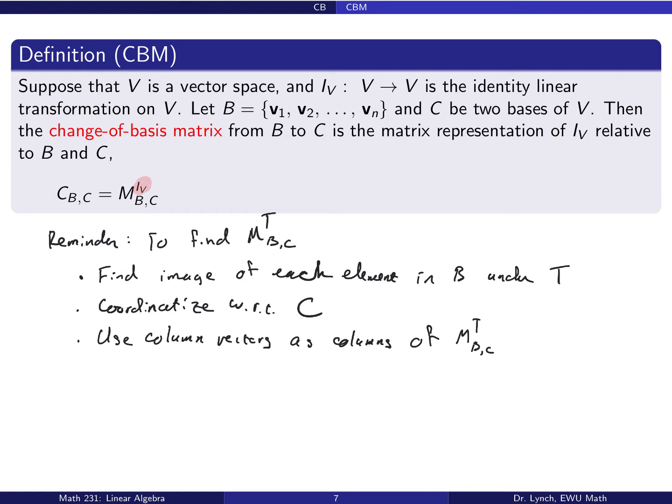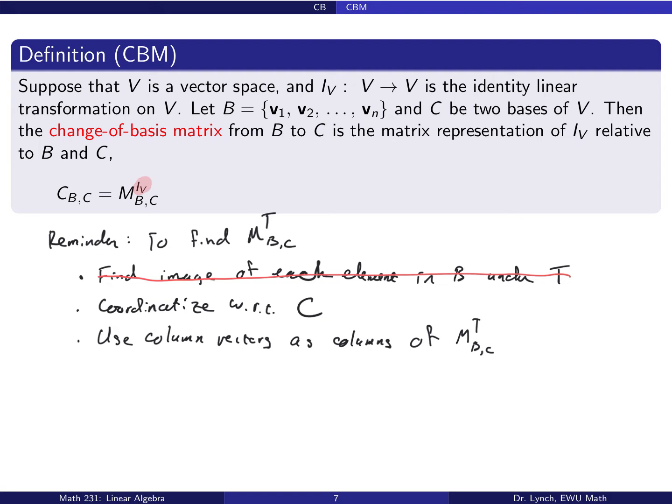So really, since the identity transformation just returns us the input, we're sort of left to eliminate this step, right? So we don't have to worry about finding the image of each element in B under the transformation.